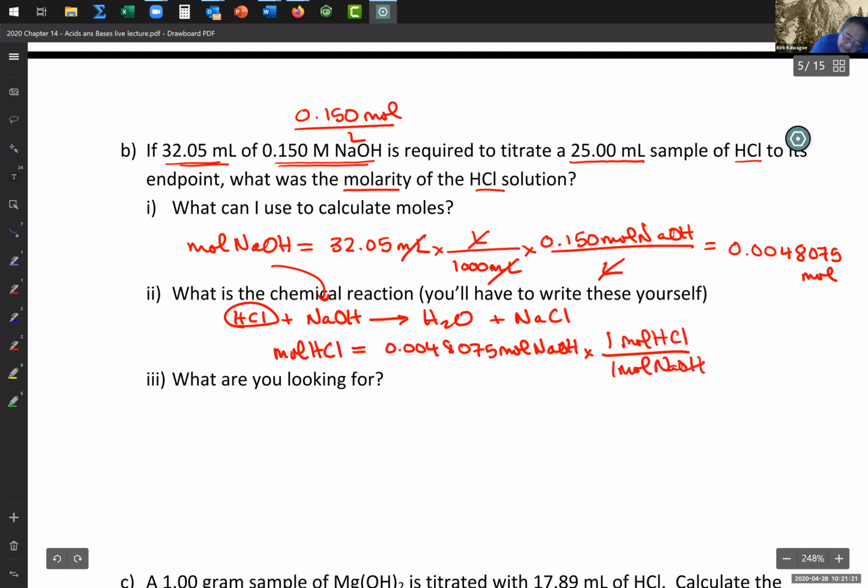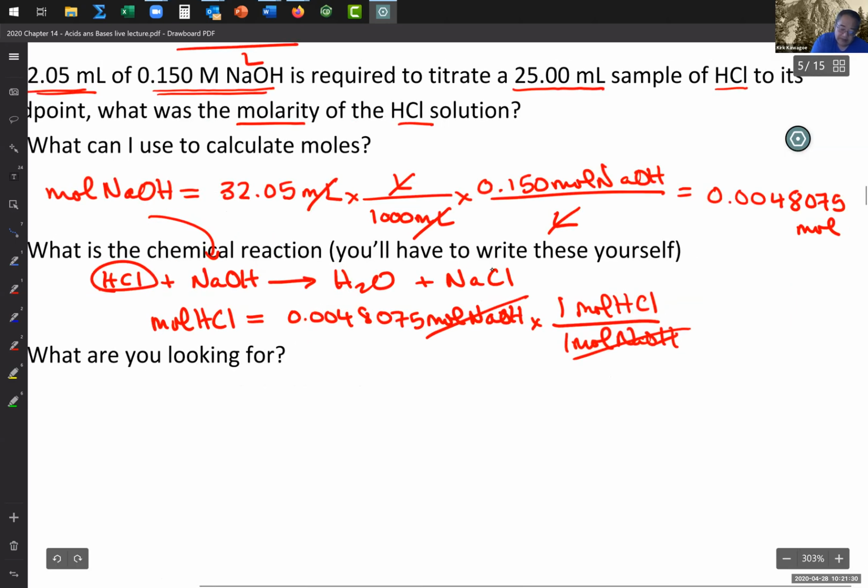Now, in this case, the stoichiometry is 1 to 1, so the moles of HCl is the same as the moles of NaOH. That's going to be equal to 0.0048075 moles of HCl.